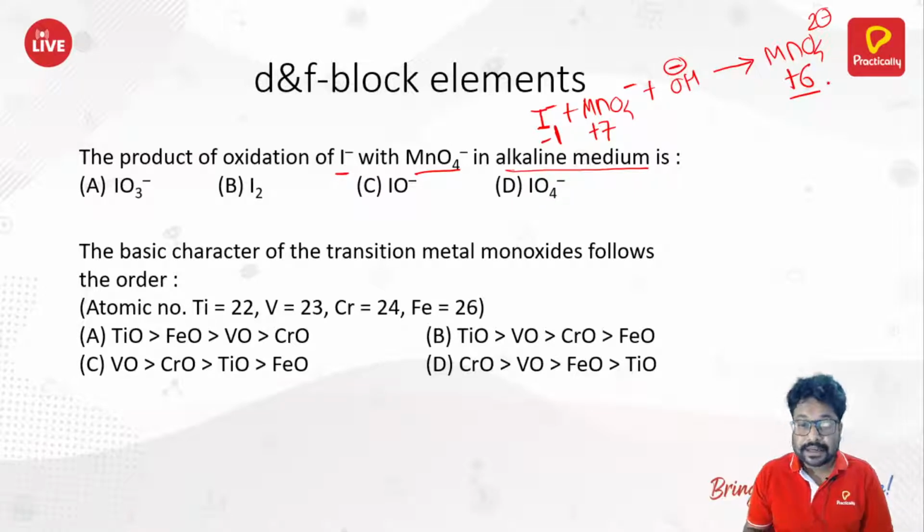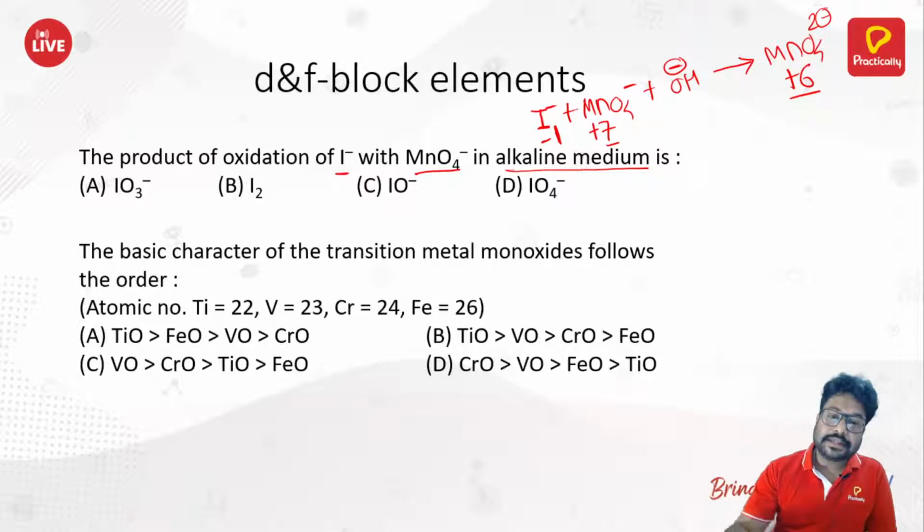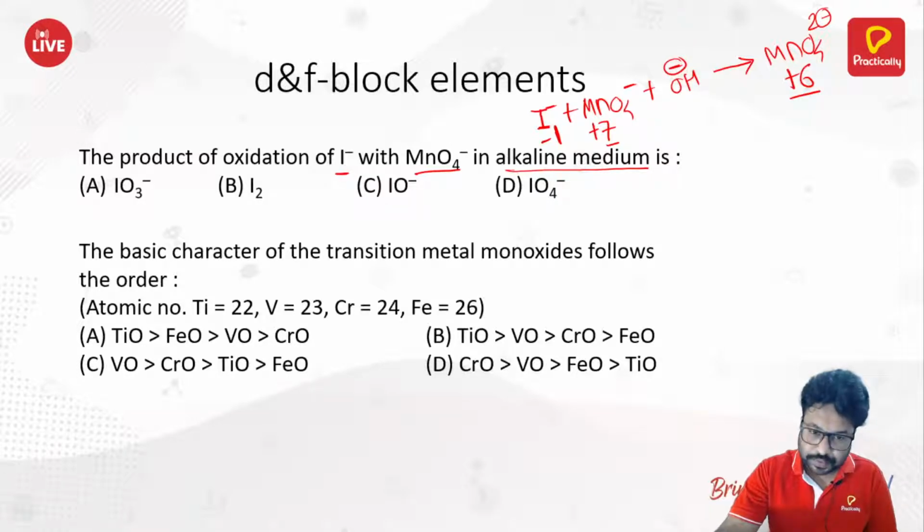Now you might say, if it is going from +7 to +6, that means the gain of electron is just 1. So your iodine should go from -1 to 0. That means I2 should be your answer. But no, that is not the case. I minus generally doesn't get oxidized to I2. In fact, going from I minus to I2, 0, it is the oxidation, that's for sure.